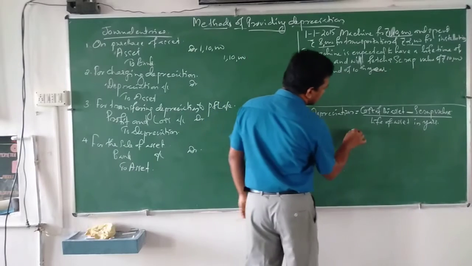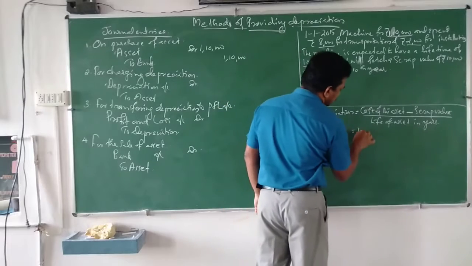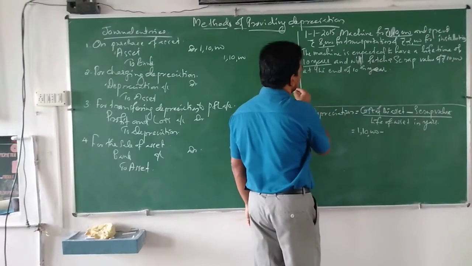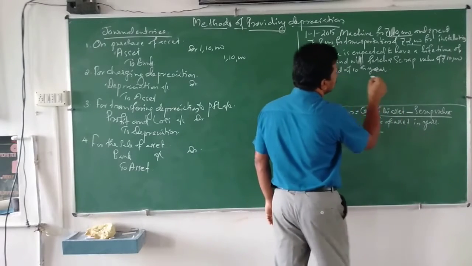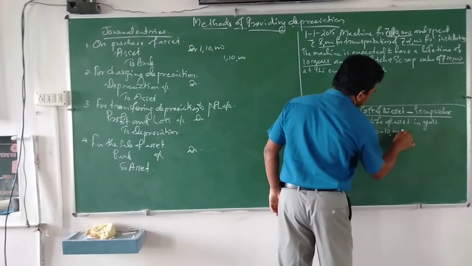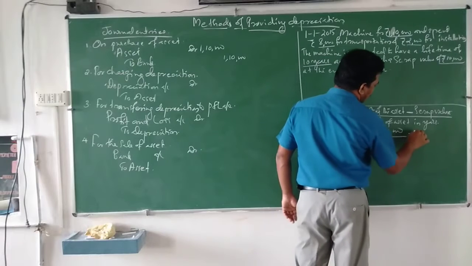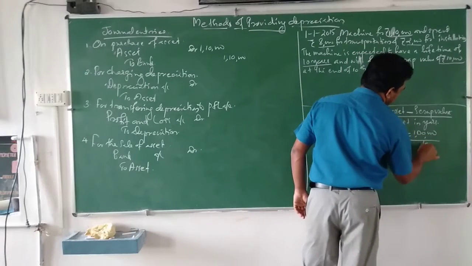So for depreciation we are going to calculate: cost of the asset 1,10,000 minus scrap value. You will get a scrap value of 10,000 rupees. So 1,10,000 minus 10,000, divided by 10.